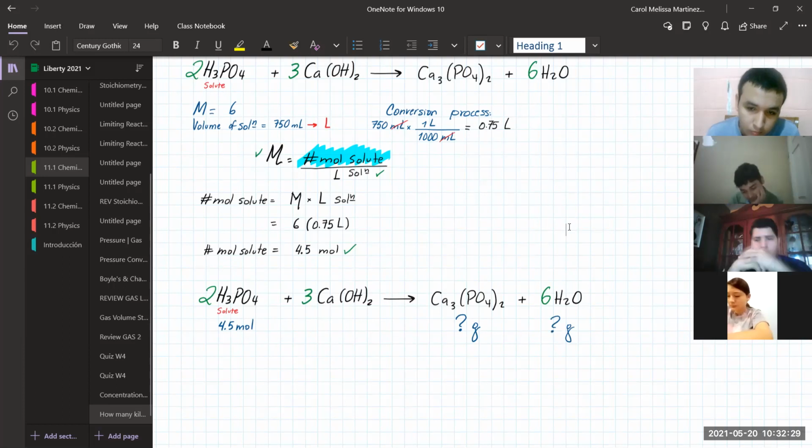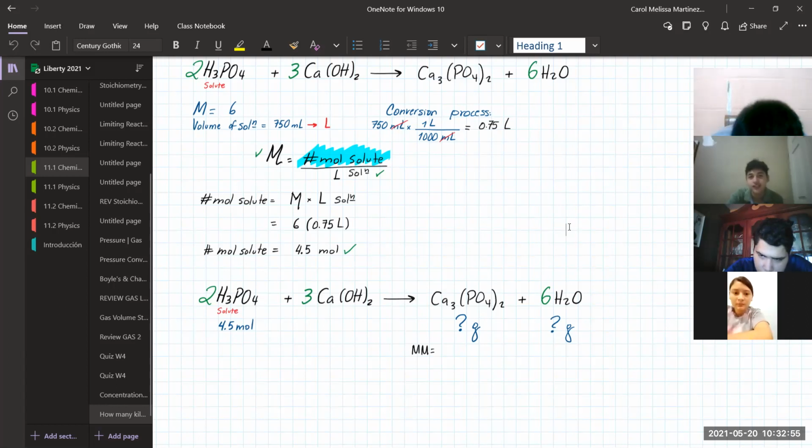To do this, I need to make a stoichiometric process. Because they're asking me grams of my product, I need the molar masses. So I need the molar mass of calcium phosphate and the molar mass of water.